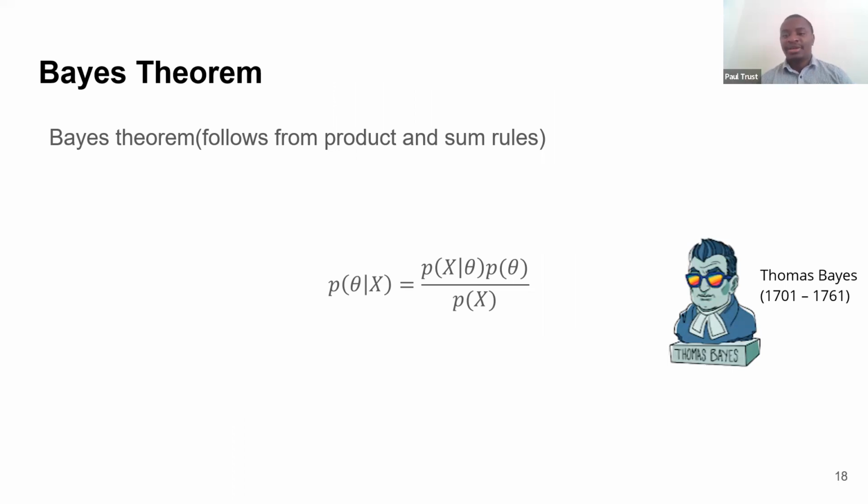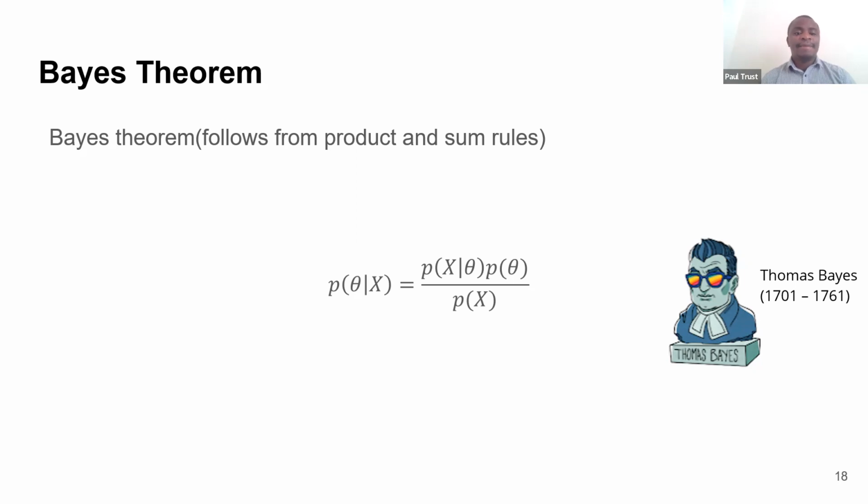This Bayesian theorem is one of the most important theorems to know in Bayesian machine learning and Bayesian statistics. It is so important, yet so simple. First introduced by Thomas Bayes, it has been extended since then.